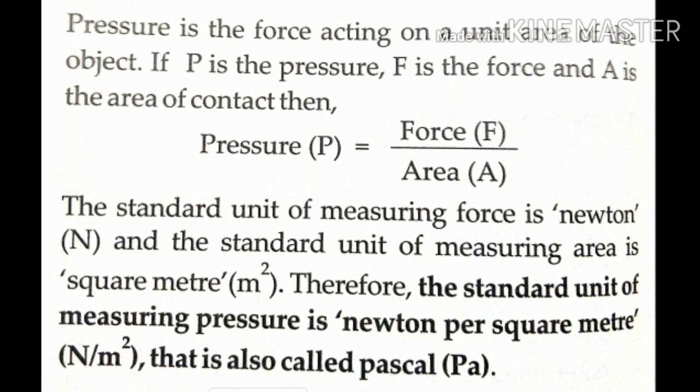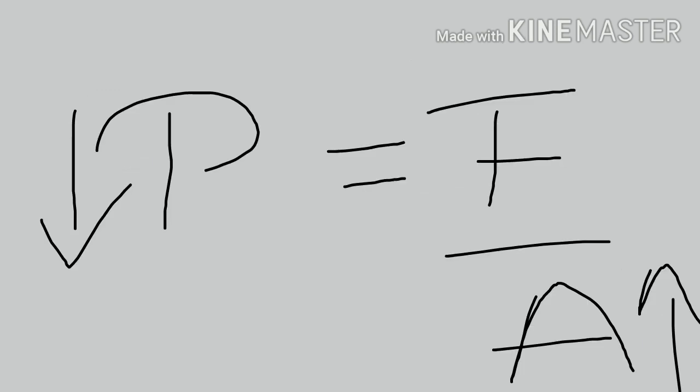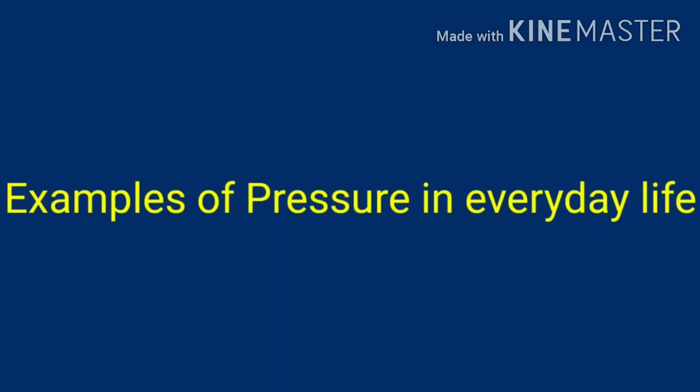It comes out to be Newton per square meter. That is also called Pascal. Before moving further, note down one important point, that if the area of contact is smaller, then more will be the pressure. Or if the area of contact is larger, then less will be the pressure.